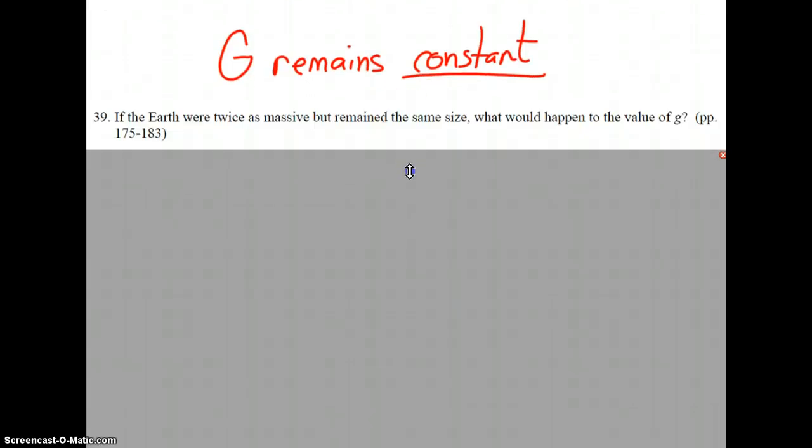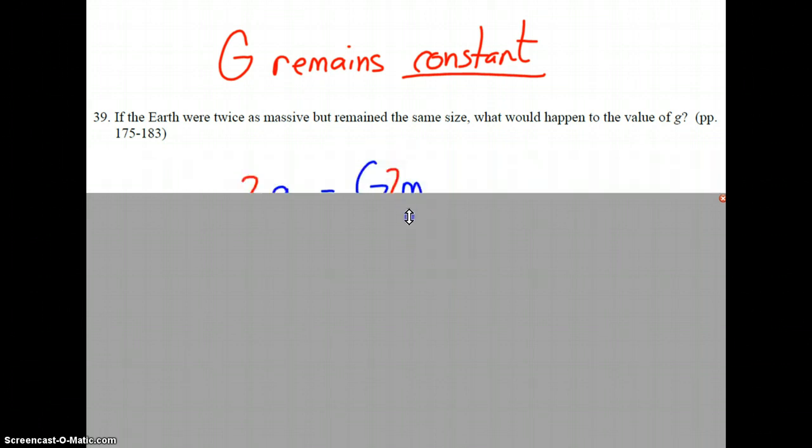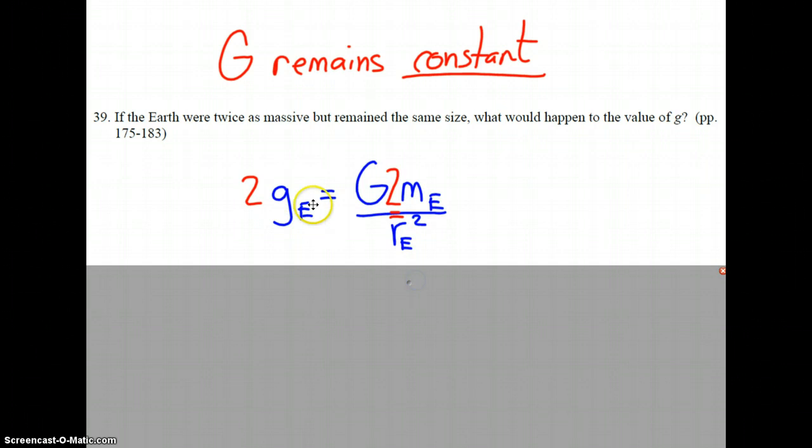39. If the earth were twice as massive but remained the same size, what would happen to the value of little g? Well, from your lesson, you learned that one of the ways to calculate the acceleration due to gravity on a planet was little g, in this case on the earth, equals big G, mass of the earth, over radius of the earth squared.